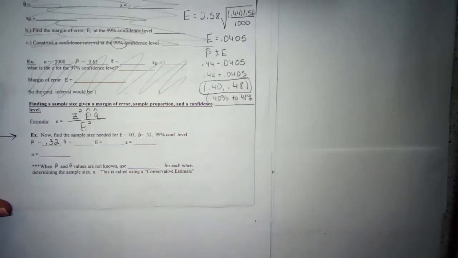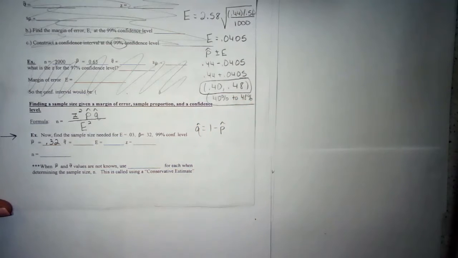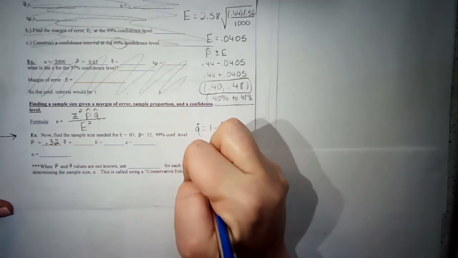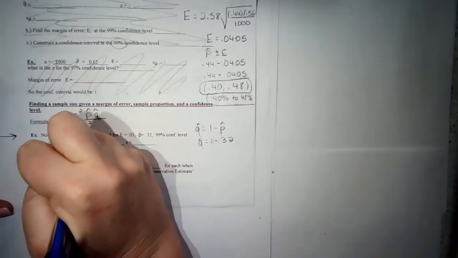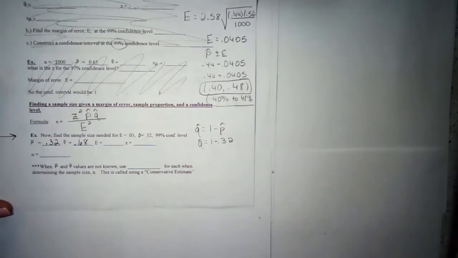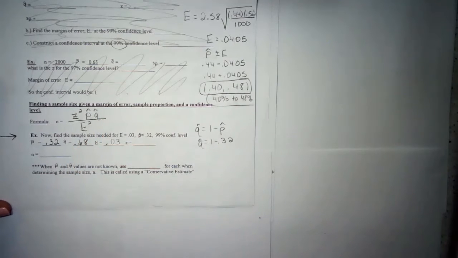How do you find q hat again? Good. 1 minus p hat. Remember, that's one of those formulas that's not on your formula sheet, but we may want to write it on there, and we'll do that when we review. So our q hat is going to be 1 minus 0.32, which is 0.68. We have our margin of error, it's 0.03.